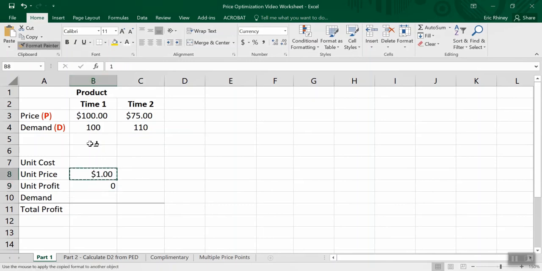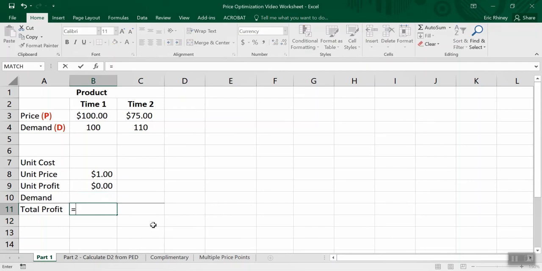And let's format all of these because all of these are going to be in units of dollars, not demand though. Okay. And so it's total profit. Now, total profit is going to be demand, whatever our demand is, times our unit profit. So however many of these units we sell at this profit, that gives us our total profit.